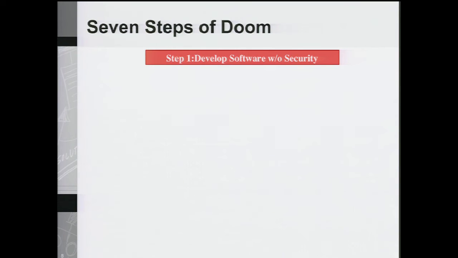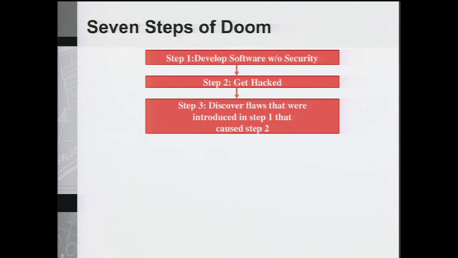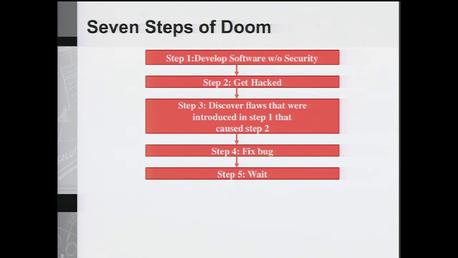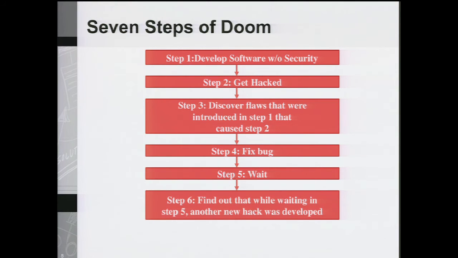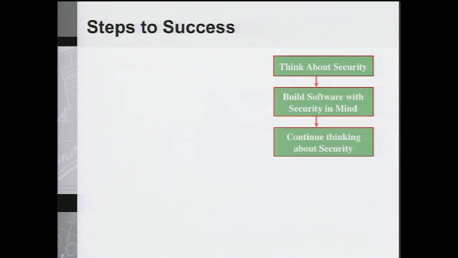So here are the 7 steps of doom for many companies. They develop software, they deploy it, they get hacked, they fix the bugs, they deploy it again, they get hacked again, they fix the bug, and they just keep on going. It's a vicious cycle. What you really want to do is think about security when you're building software.